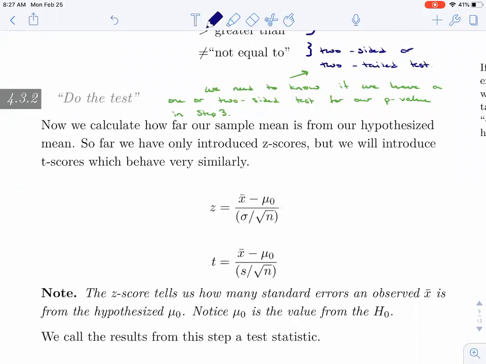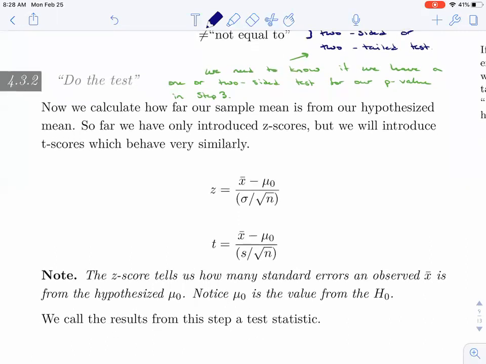Out in the field, you'll only calculate t-scores, or t-tests is what we call them. If you've read articles, you might have seen, we did a t-test and we found this. It's very similar. The only difference is that here you have sigma and here you have the sample standard deviation instead.